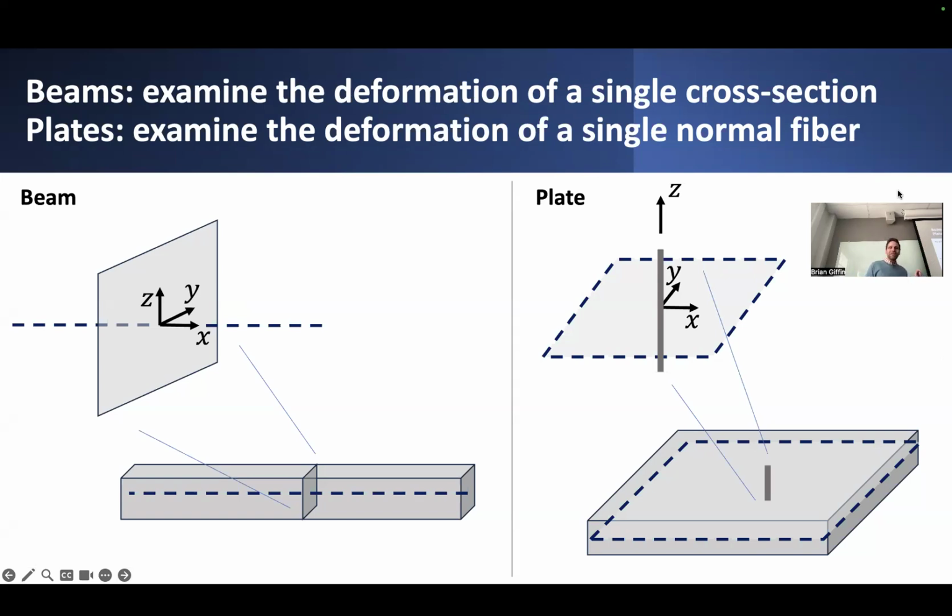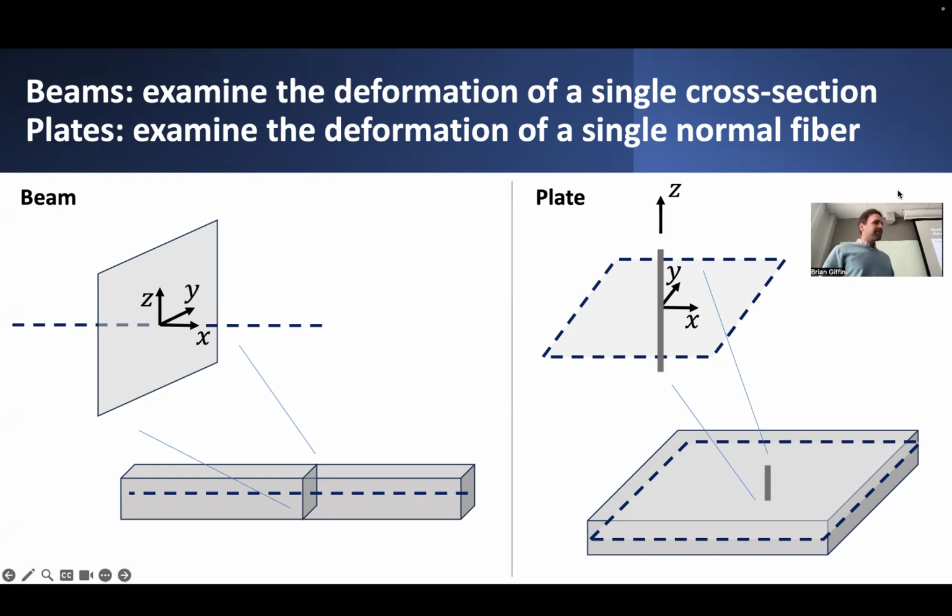So in the case of a beam, let's take a look at a particular cross-section cut out of this beam, and we'll represent its neutral axis as this dashed line. Similarly, in the case of a plate, let's look at a particular fiber that spans the full depth of this plate, pull it out of this plate, and this dashed small patch or area will be representative of the mid-surface of this plate.